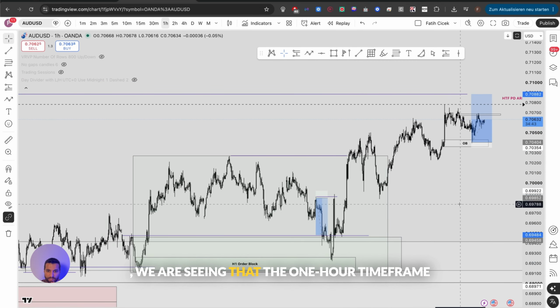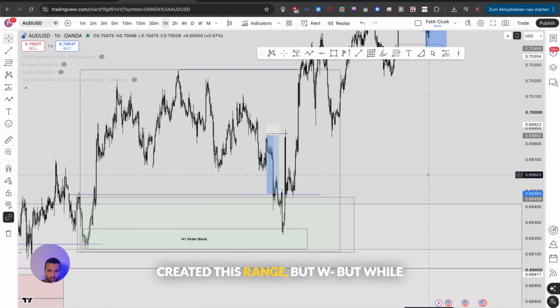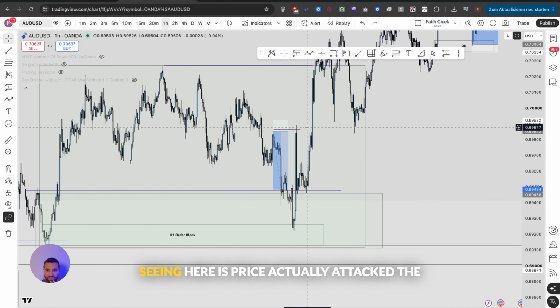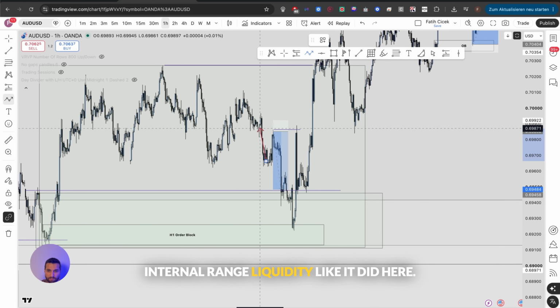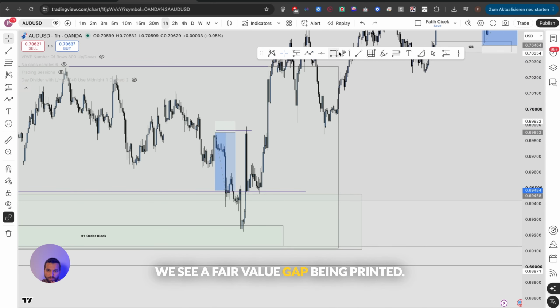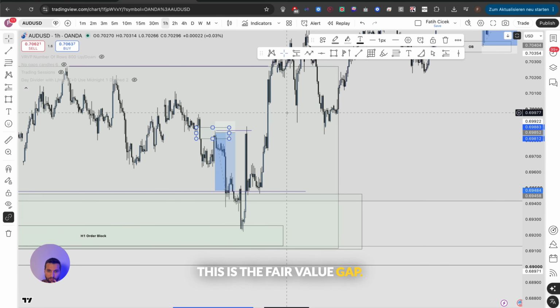We saw that the 1 hour time frame created this range, but while giving us the correction, price actually attacked the internal range liquidity like it did here. So what do we see here? We see a fair value gap being printed. All right, this is the fair value gap.